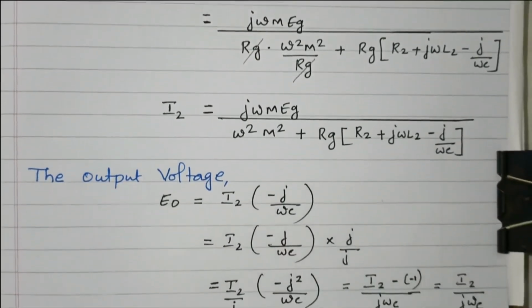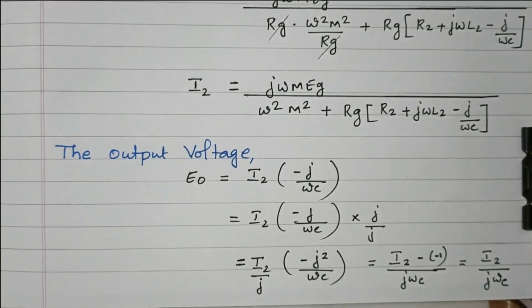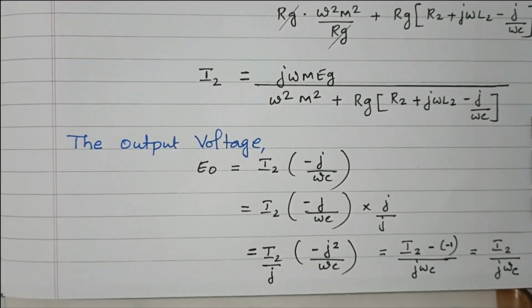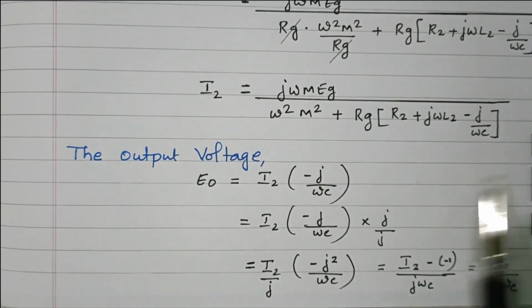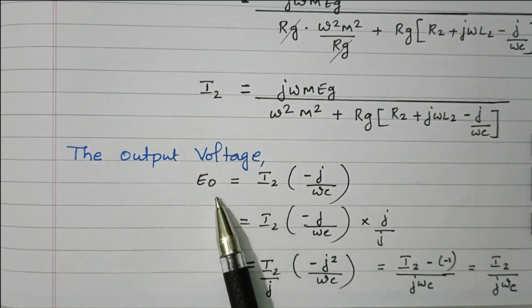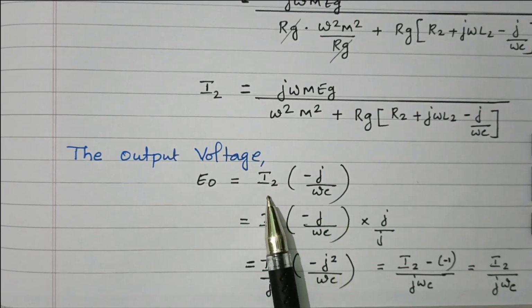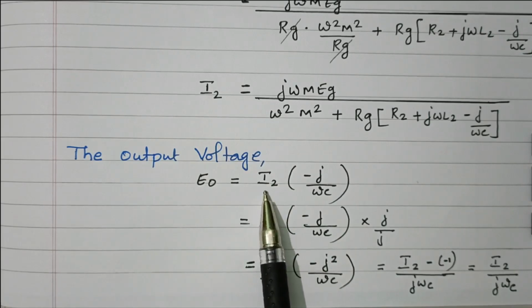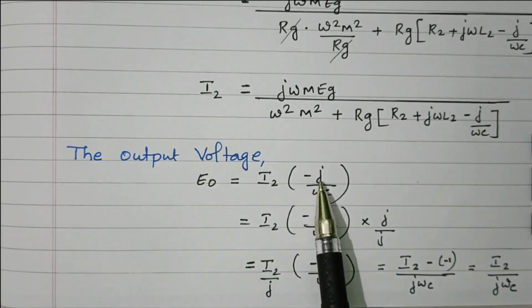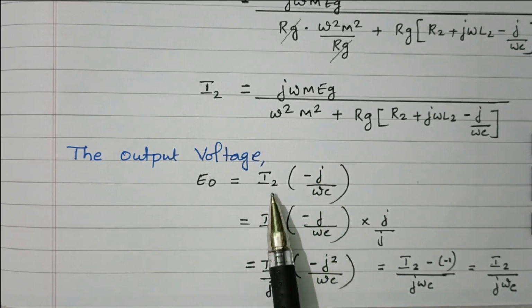Now we'll go for the output voltage. The output voltage E0 equals I2 into minus j by omega C. This is nothing but the voltage across the capacitor. The current in the second coil is I2, and the drop is minus j by omega C. Now we substitute the value.